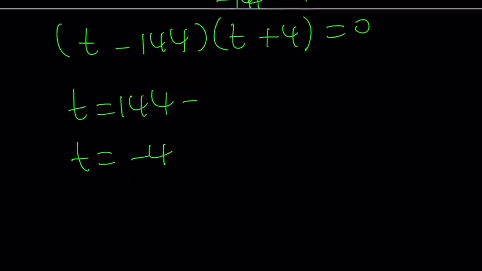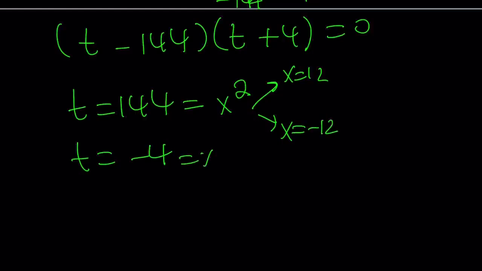So let's go ahead and set this equal to one of the roots of this equation, which is x squared. So x squared equals 144 gives us x equals 12 or x equals negative 12, right? Okay, great. T equals negative 4 and that's equal to x squared. That gives us x is 2i or x is negative 2i.